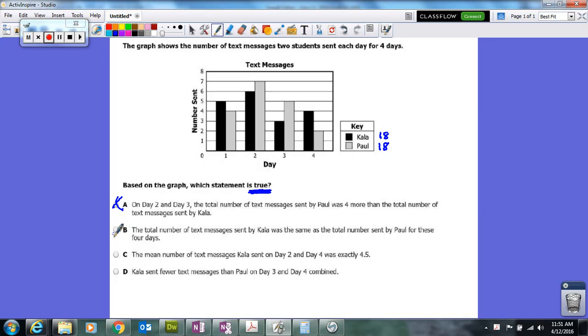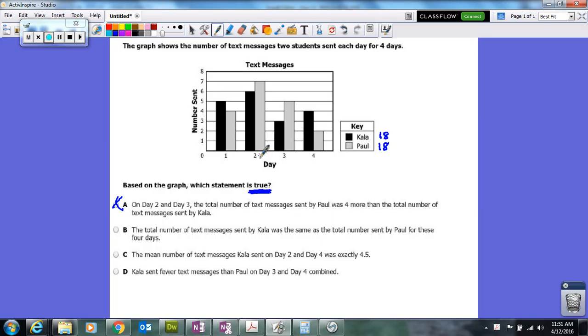Now again, you always double check by checking every single possible answer to make sure you didn't possibly make a mistake with one of the previous answers. Answer C asks us to find the mean. It says the mean number of text messages Kayla sent on day 2 and day 4 was exactly 4.5.